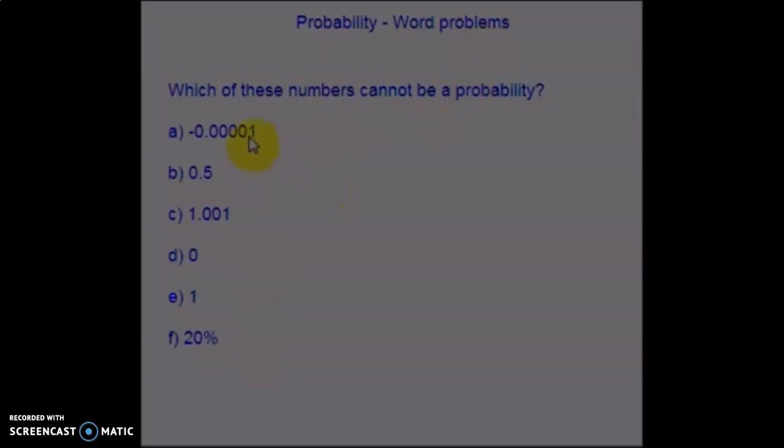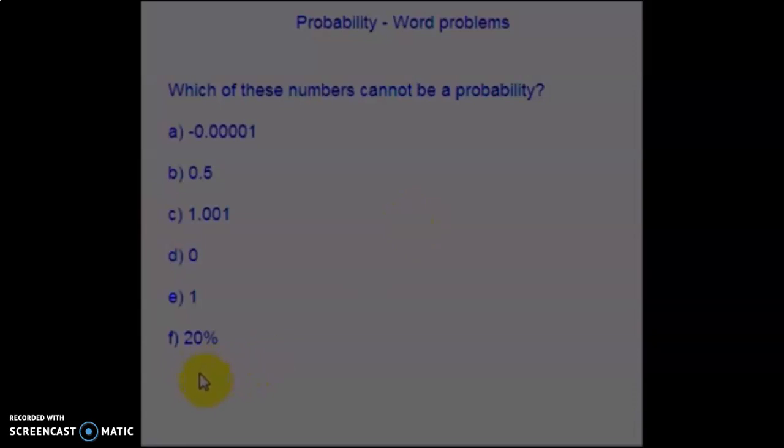Now, look at the second one, it is 0.5, so it is between 0 and 1. Also, the third one, which is C, is 1.001. Even though it's a small amount more than 1, as we studied, it cannot be more than 1, so C is not possible. B is possible, and if you look at D and E, these are possible too.